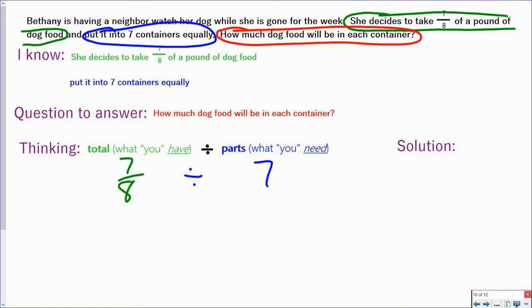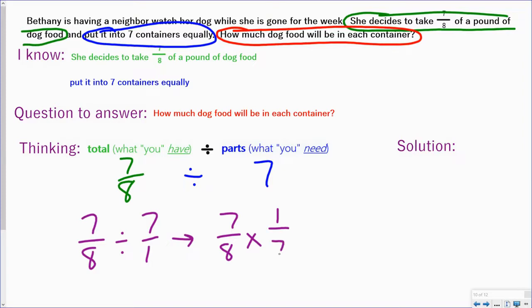And as we go through and figure that out, we would take our 7/8 divided by 7/1. Then to solve that, we take 7/8 and multiply by the reciprocal, or we flip this fraction over, and that gives us 7/56.